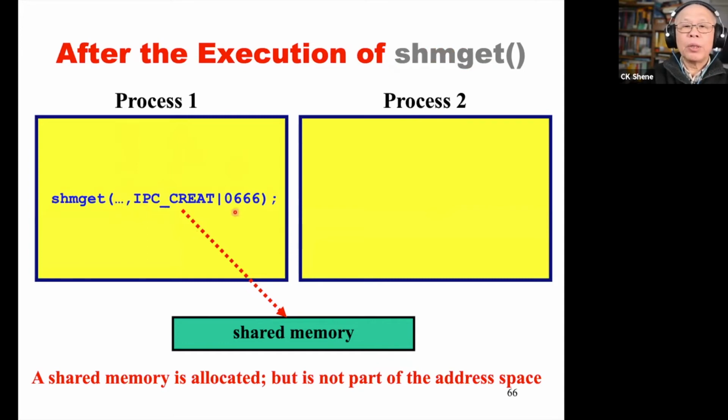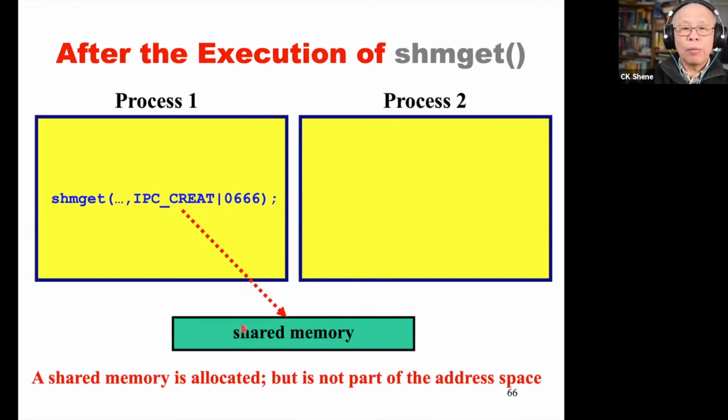Because this is a creation, it uses IPC create followed by 0666 or whatever permission you want to put there. If this shared memory get was successful, a shared memory will be allocated outside of your address space. Remember this, the shared memory created is not in your address space. Instead, it is outside of your address space.